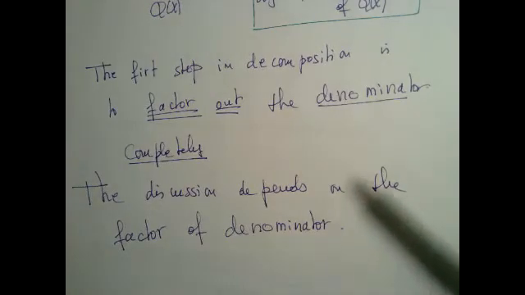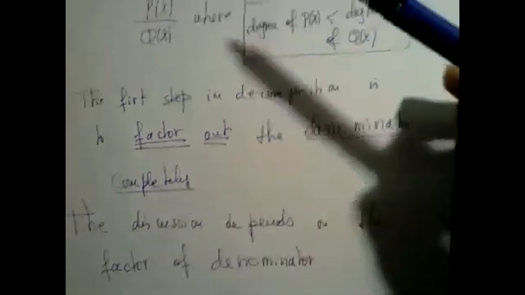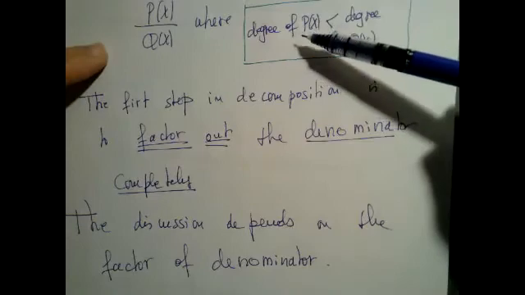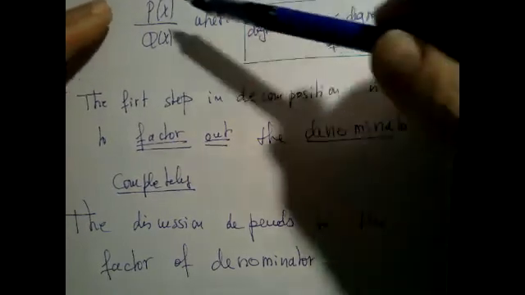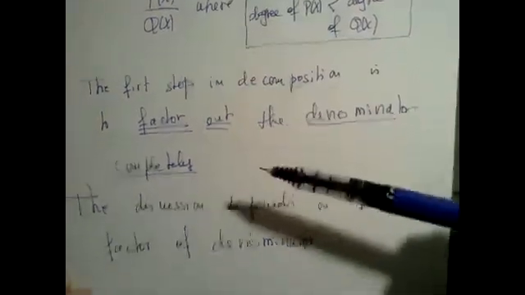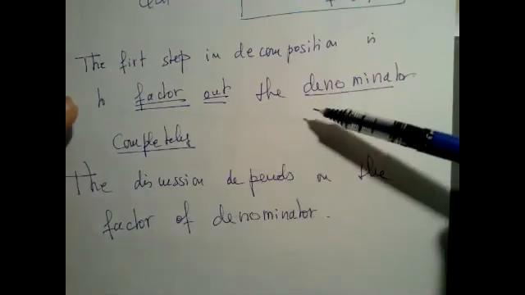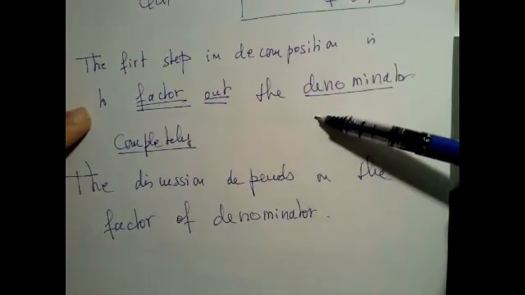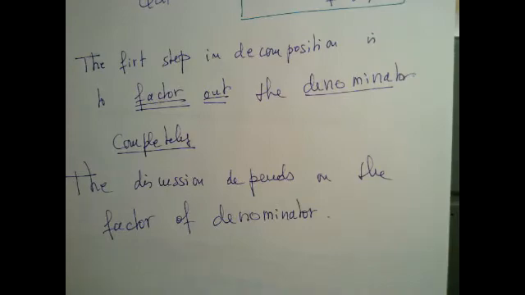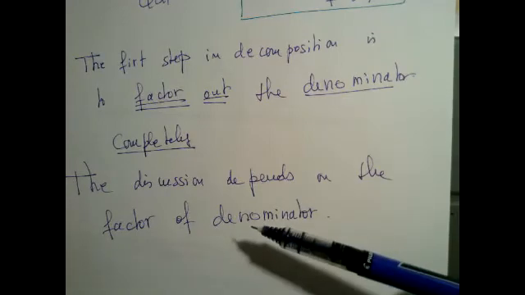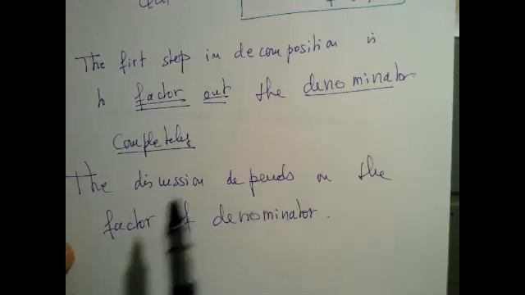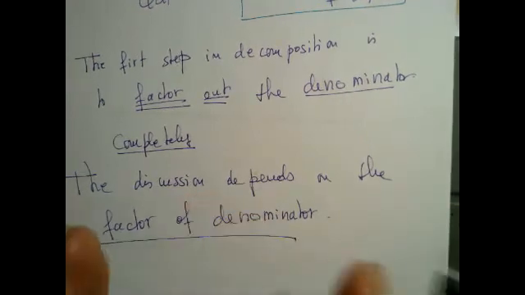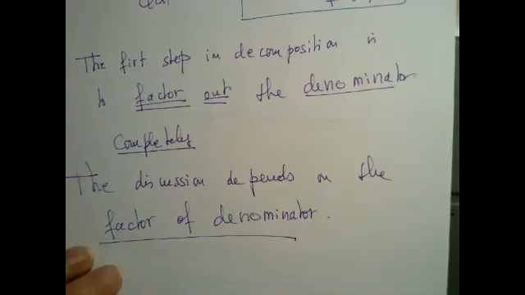We're taking a particular rational function where the degree of the numerator is less than the degree of the denominator. The first step is to factor out the denominator completely. Once we factor it out, the way we proceed depends on what type of factor we have in the denominator. So today we're going to start with the first type.